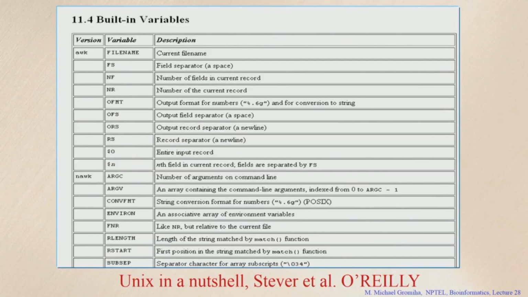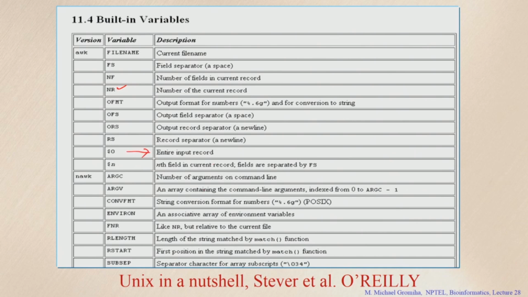Okay. Now in this awk there are several built-in variables available. I explained a few of them. So, for example, FS is the field separator I discussed earlier. What is NF? Number of fields in the current record. NR is the number of the current record. Likewise, there are various other options like the record separator. $0 is for the entire input record, $n is the nth field in the current record, right.